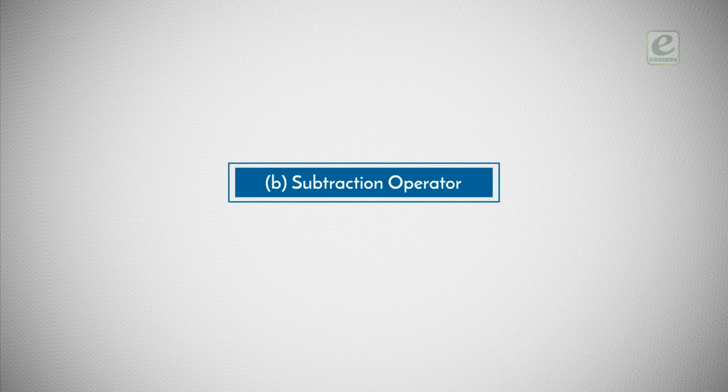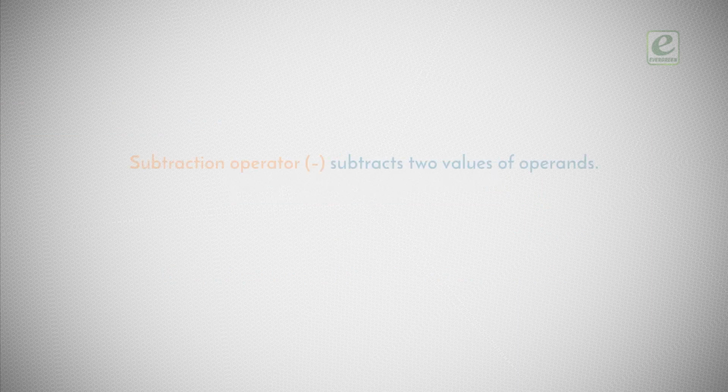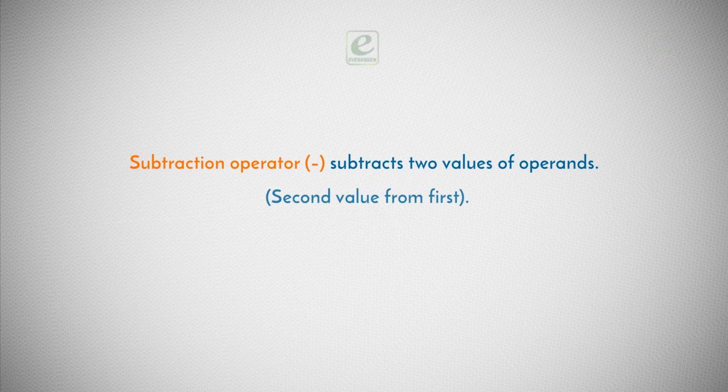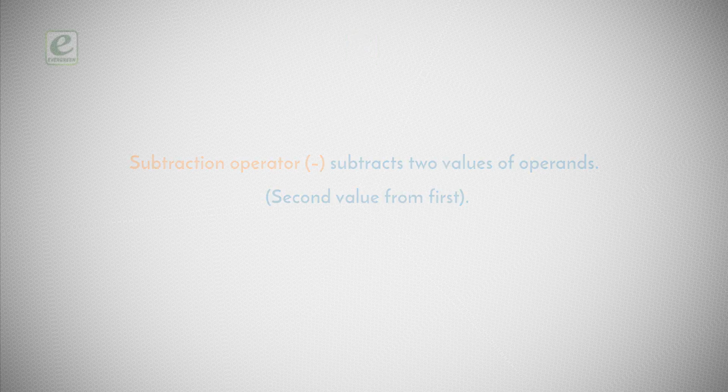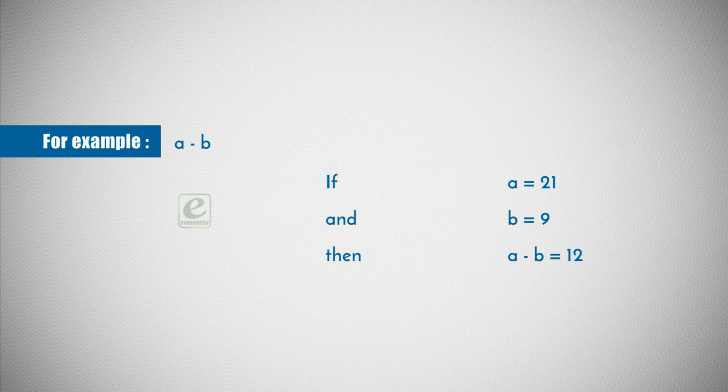Subtraction operator. The subtraction operator minus subtracts the second value from the first. For example, a - b. If a = 21 and b = 9, then a - b = 12.